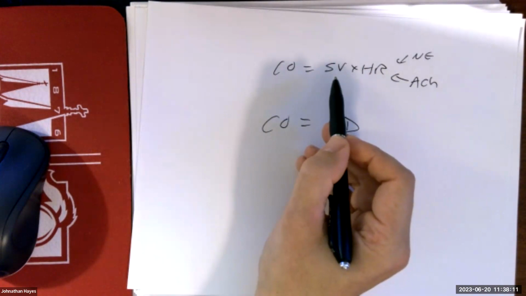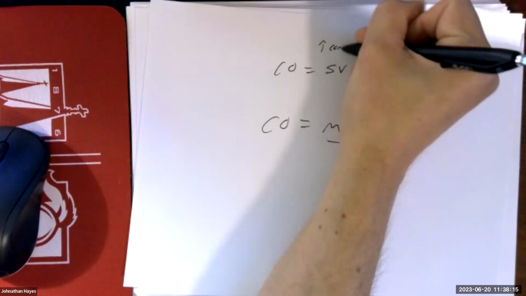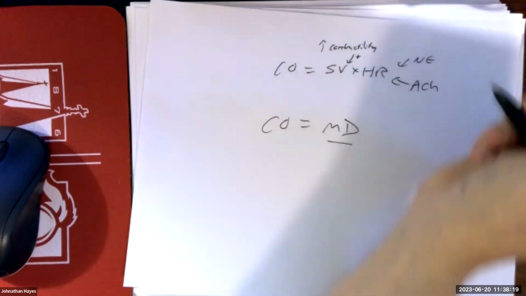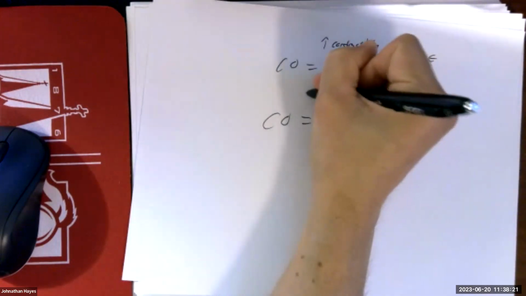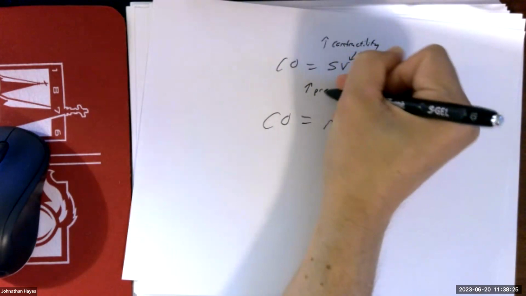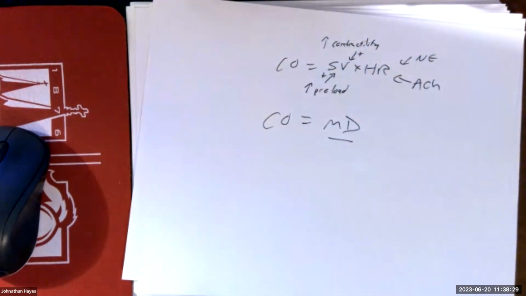And one way I can increase stroke volume is by increasing contractility. That will increase stroke volume. Another way I can increase stroke volume is to distend the ventricle more, or increase what's called the preload. And a lot of times we can increase preload by increasing our venous return, okay?